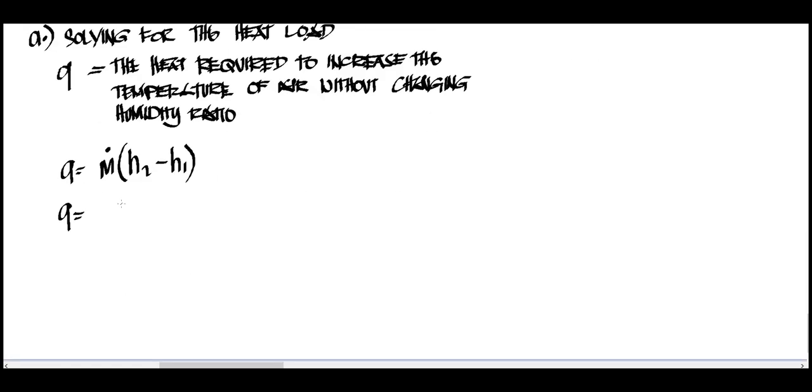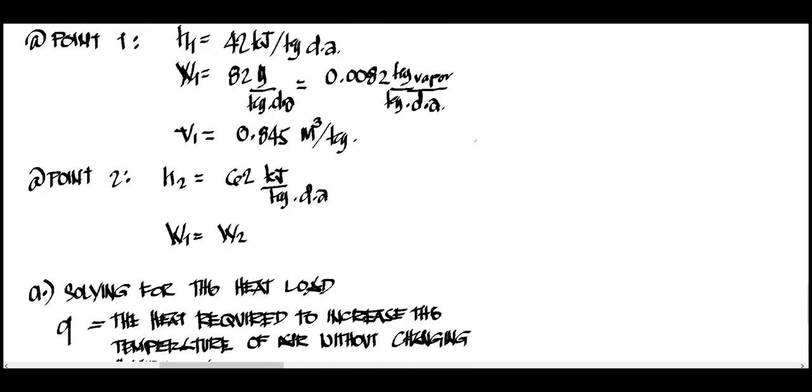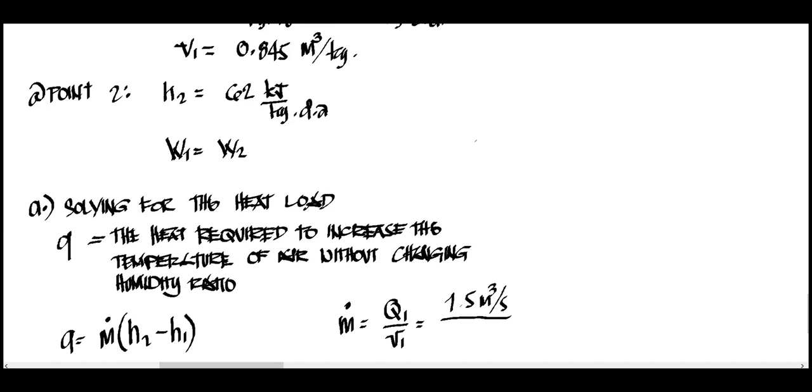The mass flow rate is the volume flow rate divided by the specific volume at point 1: 1.5 cubic meter per second divided by 0.845 cubic meter per kilogram.